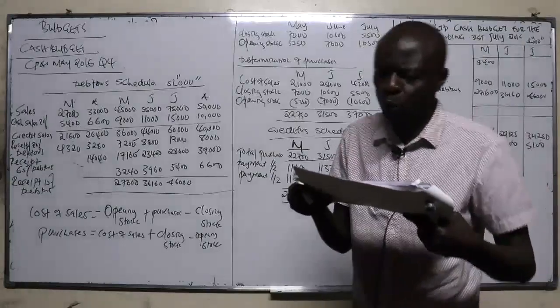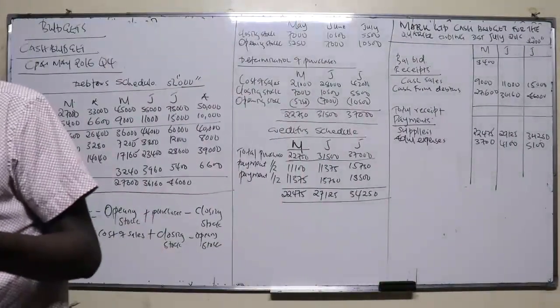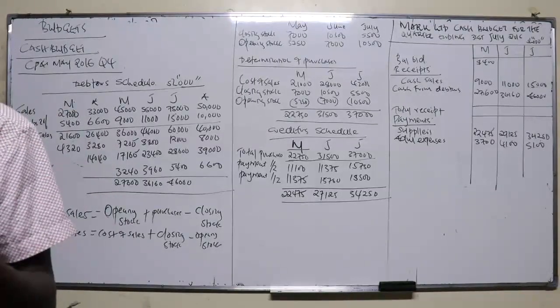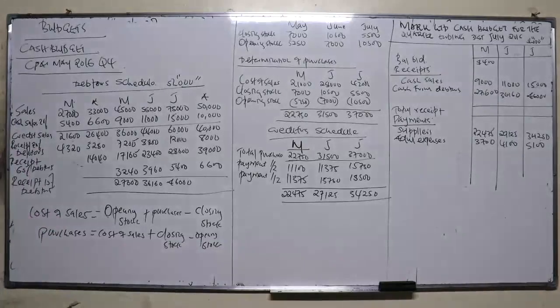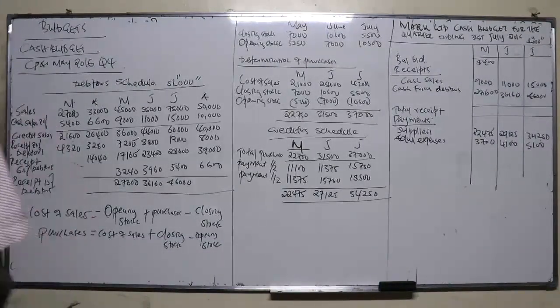Note number 2, we have already done. Number 3 was on sales, we have done it. Note number 4, 5 and 6, we have done them. Then number 7, land costing 4.3 million will be purchased in May.